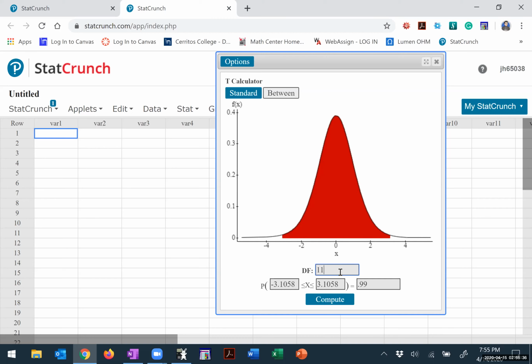So unfortunately, you do have to do a little bit more computation. Because this is just going to give you a z-score or a t-score basically. And you're going to need to convert that t-score back.